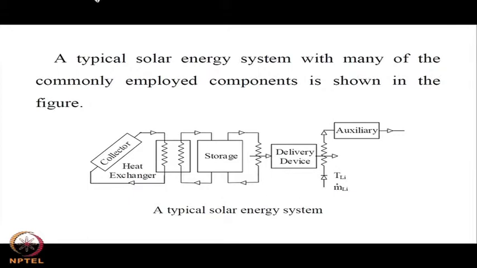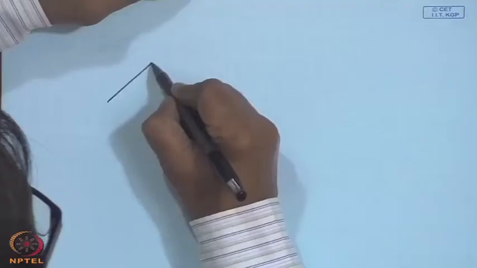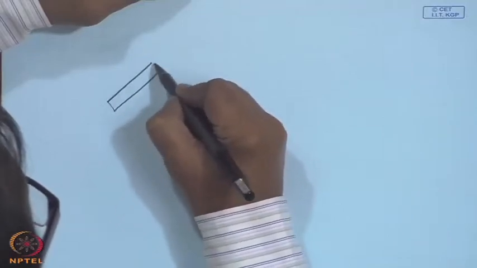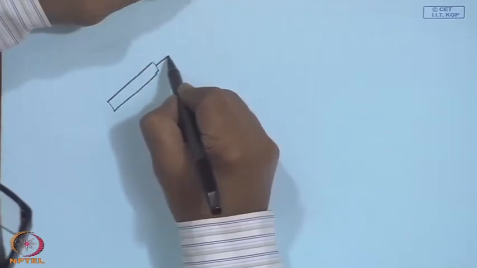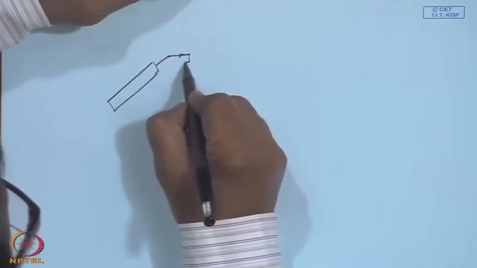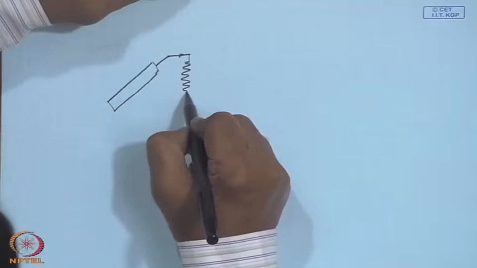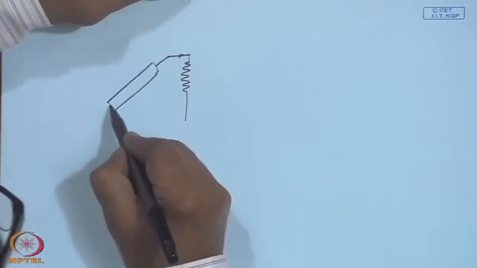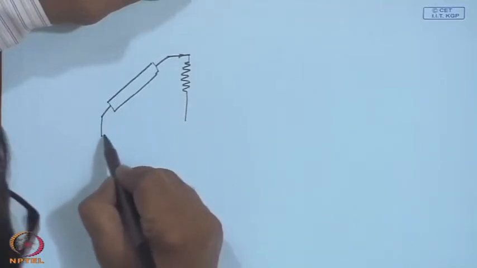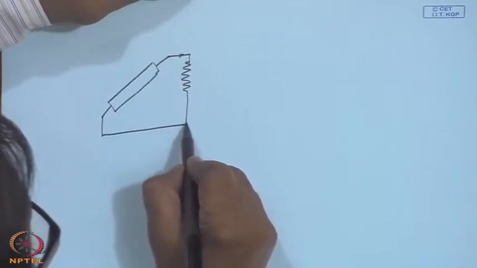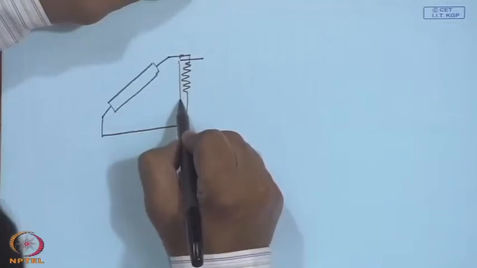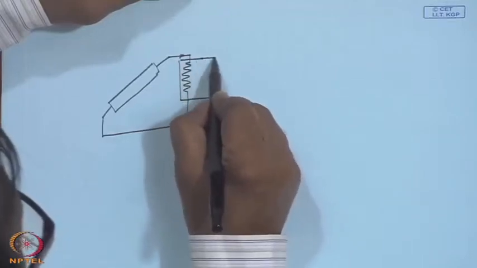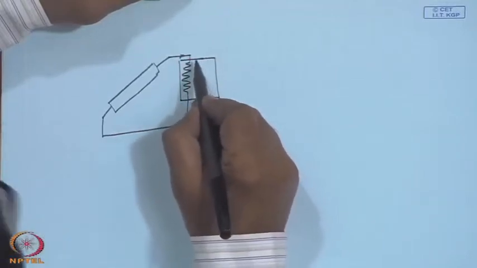So, you can see this picture, which I will try to redraw, which consists of typical components in a solar energy system, some of which can be absent or present, and you can equivalently model depending upon your need and depending upon the actual components that are present.